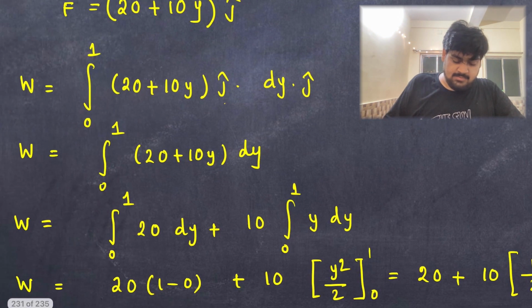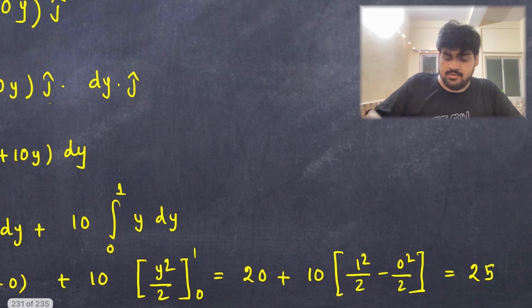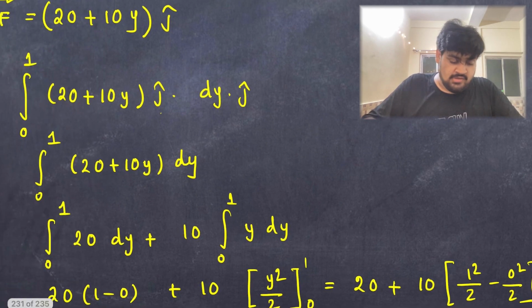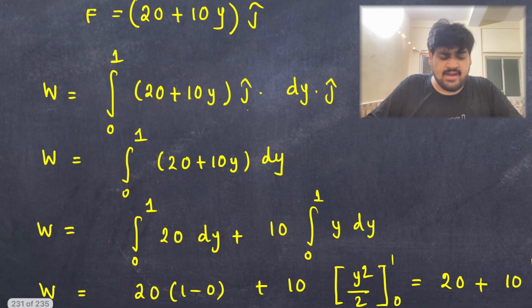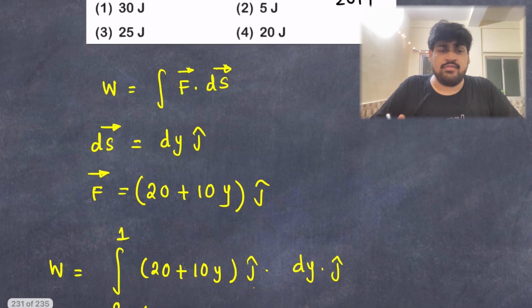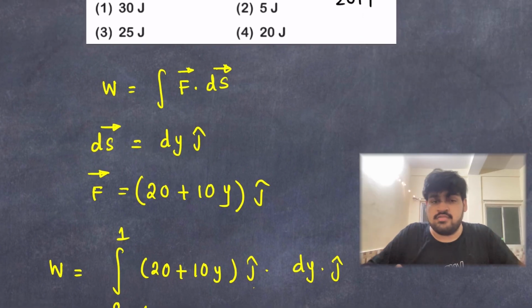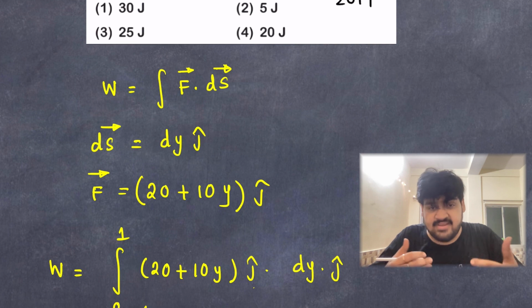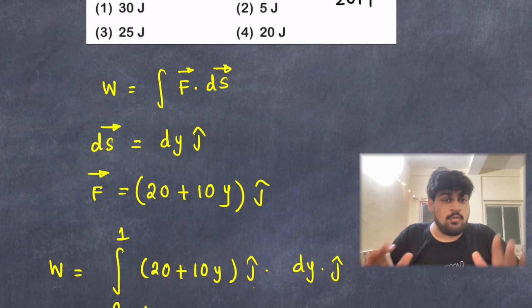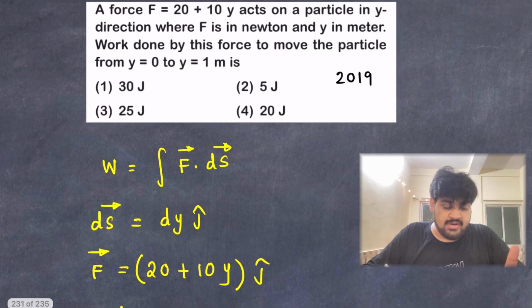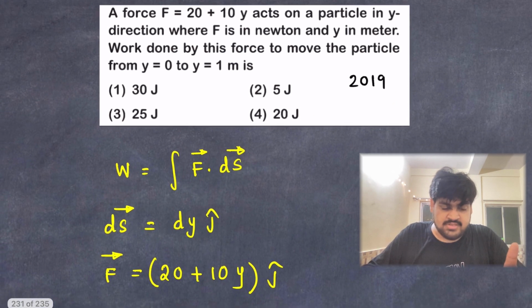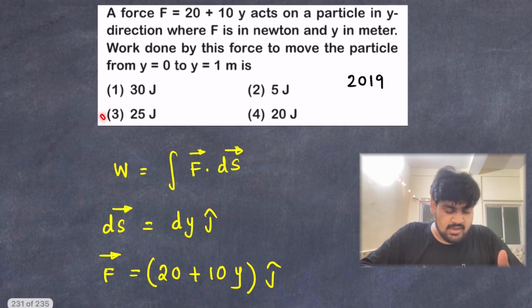Okay, so that means the net work done comes out to be 25 joule. So it's a very good question. It provided a lot of insight about how to find work done. Work done is not simply F dot dx, it's a complicated thing, and I hope that you learn the question as well as the concept. So on concluding the question, the answer will be 25 joule.